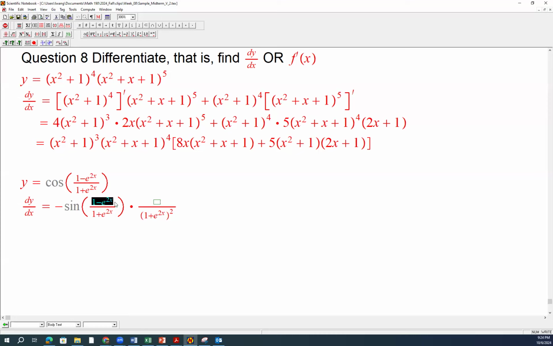Okay, differentiating the top. Keep the bottom. And subtracting, we're going to differentiate.